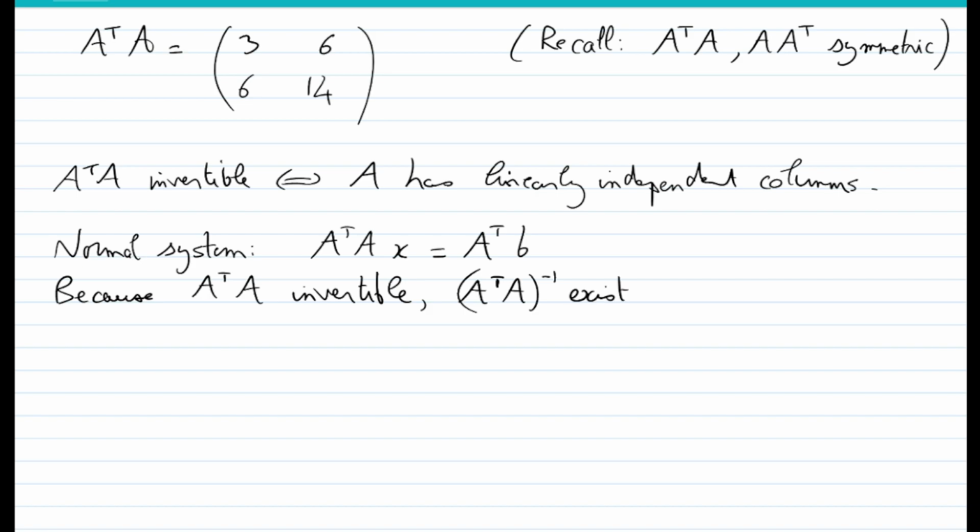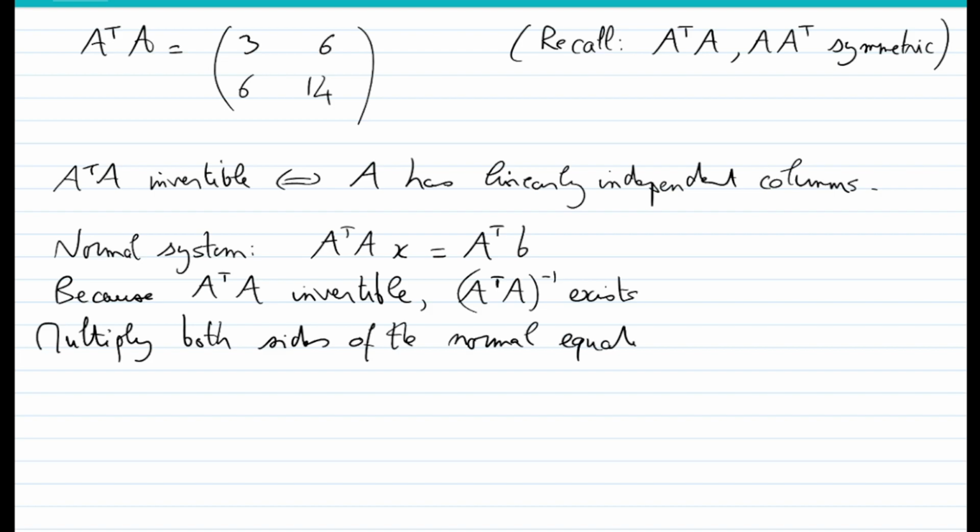It's actually an equivalence. So that means I can multiply both sides of the normal equation by A transpose A inverse.